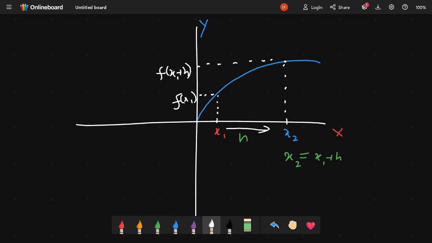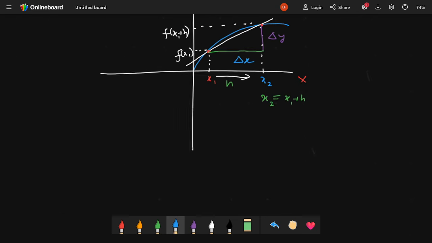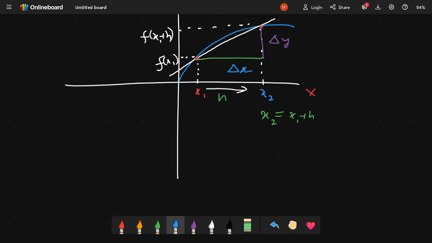Now, what is the slope of this line that passes through these 2 points? If we check our change in y, it would be something like this, and our change in x would be like this. So this is your delta y, and this is your delta x. Now, we know that the slope is m equals delta y over delta x.